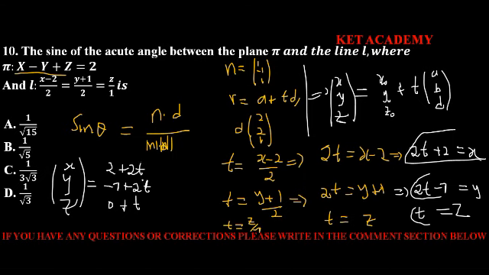So we see that the coefficients of the parameter are 2, 2 and 1. So our direction vector will be 2, 2 and 1.